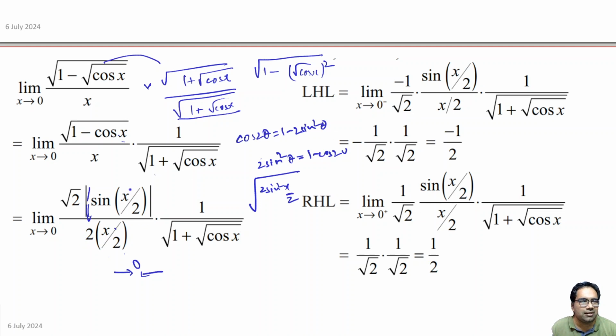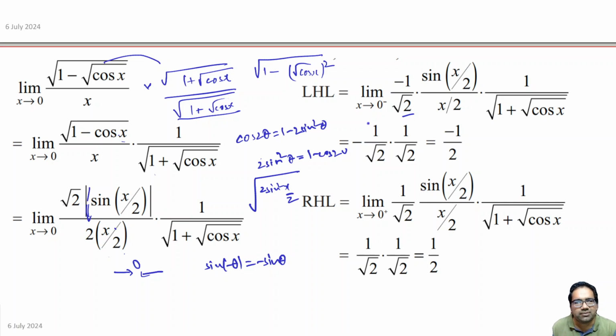From 0 minus, x is negative, so sine of x by 2 is also negative. Sine of minus theta is minus sine theta, we know this. So the function becomes minus root 2 by 2, that is 1 by root 2, into sine x by 2 over x by 2, plus 1 by under root 1 plus root cos x.